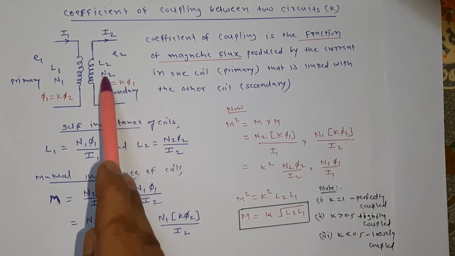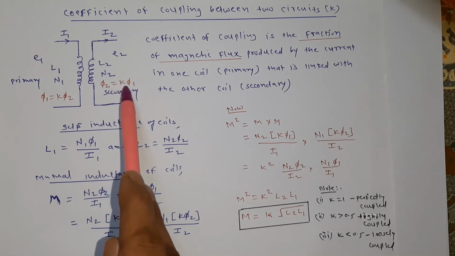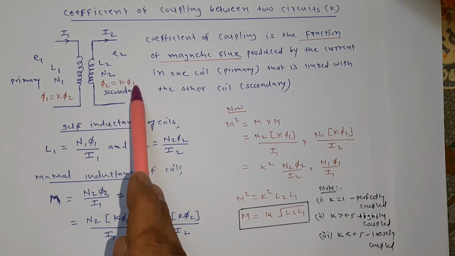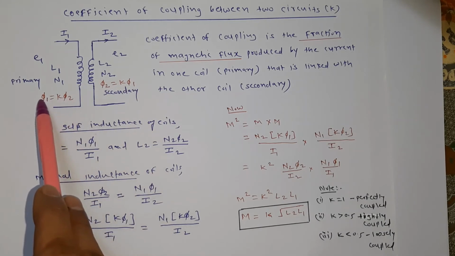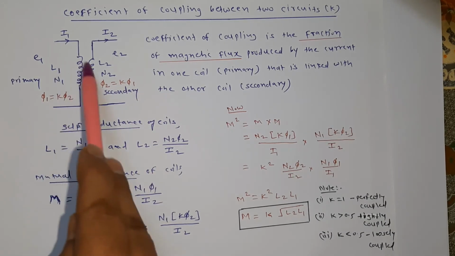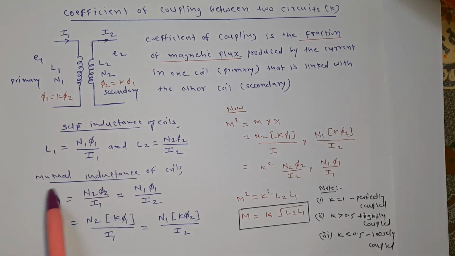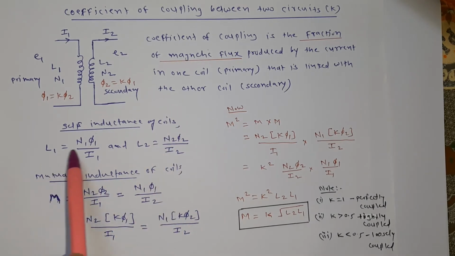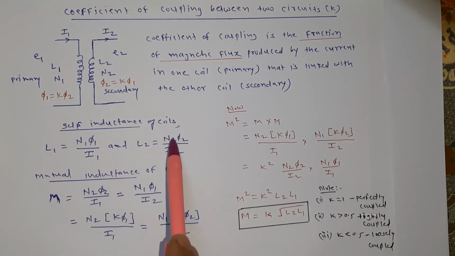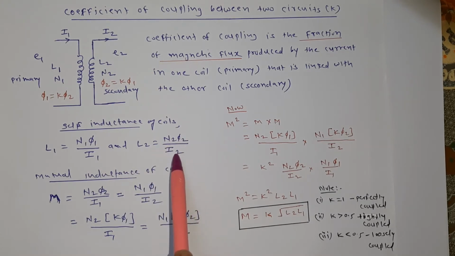So flux 2, that is flux in secondary coil, let us say fraction of flux 1, and in coil 1 flux 1 is equal to fraction of flux 2. Now by definition, that is formulas, self-inductance of a coil L1 as we did, N1 flux 1 upon I1, secondary coil का N2 flux 2 upon I2.